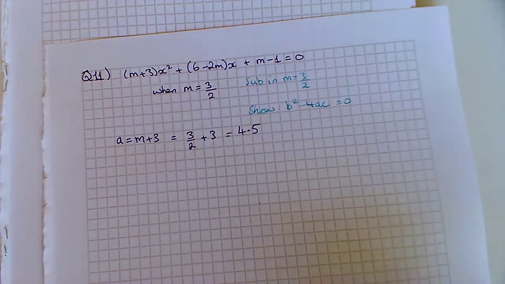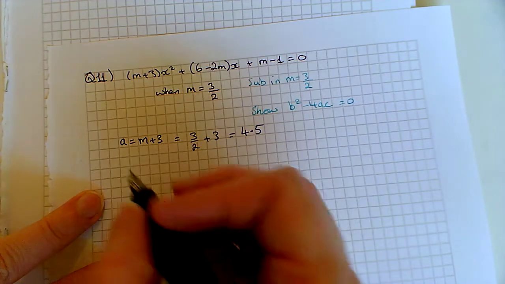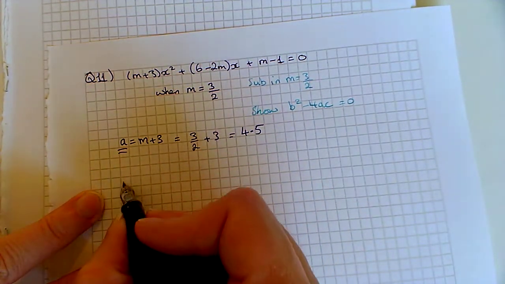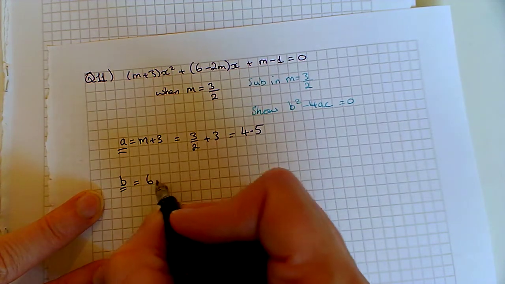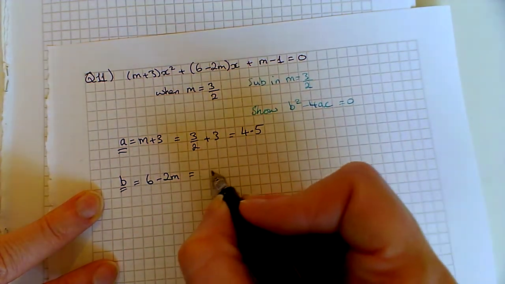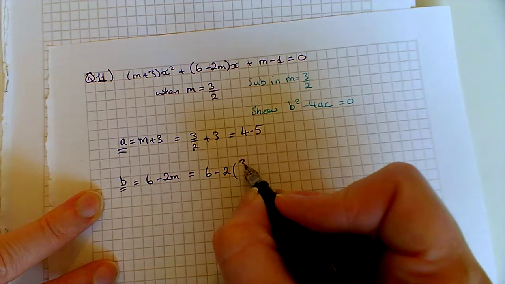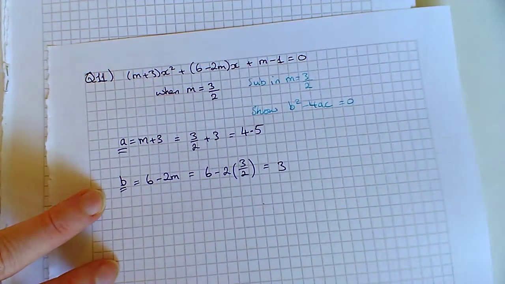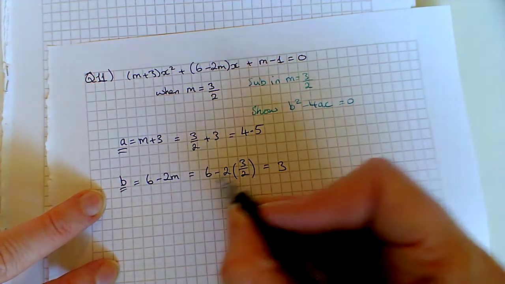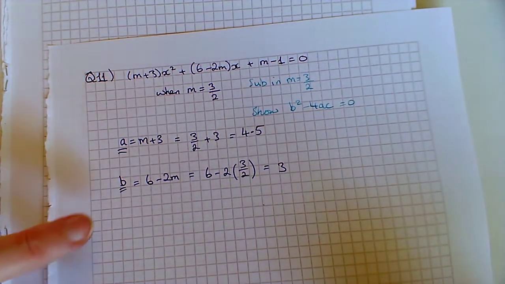So A is 4.5. It'll be easier to write it down when I'm subbing it in. B is 6 minus 2m, and then I'm filling in 3/2. So that's going to give me 3. The 2's cancel. 6 minus 3 is 3, but you can use your calculator as well.